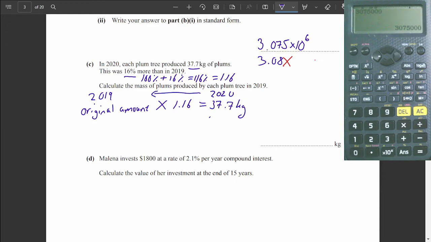We need to do 37.7 divided by 1.16, and that will give us the original amount. So let's do that. And that's 32.5. Now that makes sense, because if we increase 32.5, it will become 37.7.